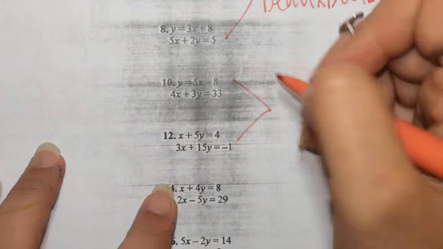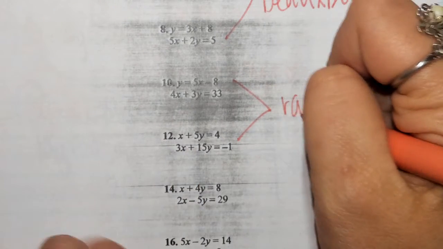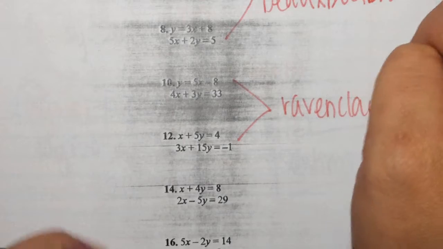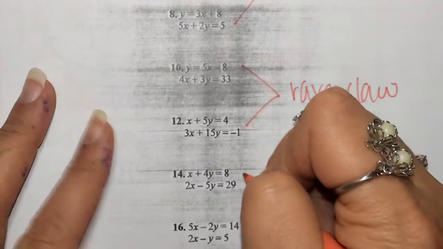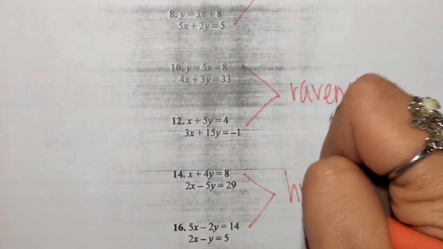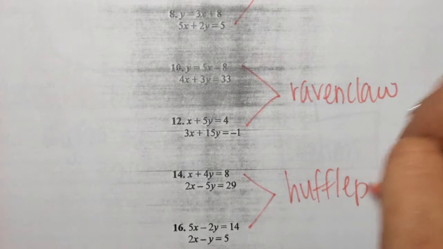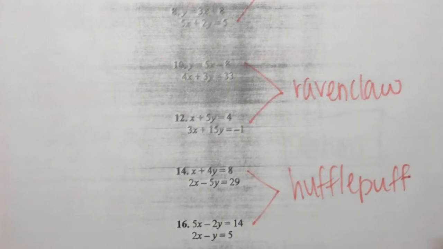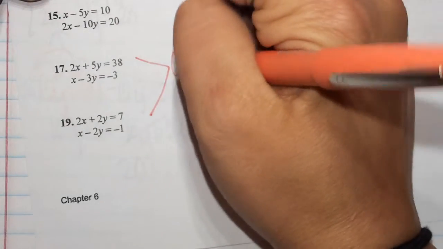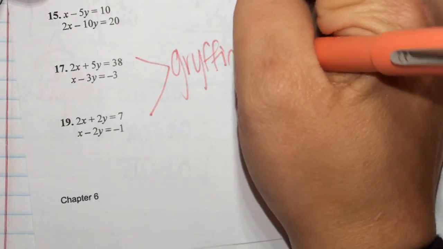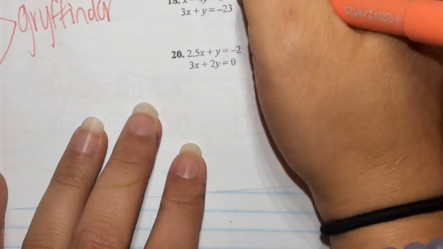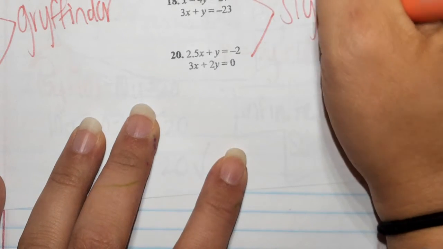Ravenclaw, Ever and Danubia, you're doing 10 and 12. Hufflepuff, you're doing 14 and 16. Gryffindor, you're doing 17 and 19. And Slytherin is 18 and 20.